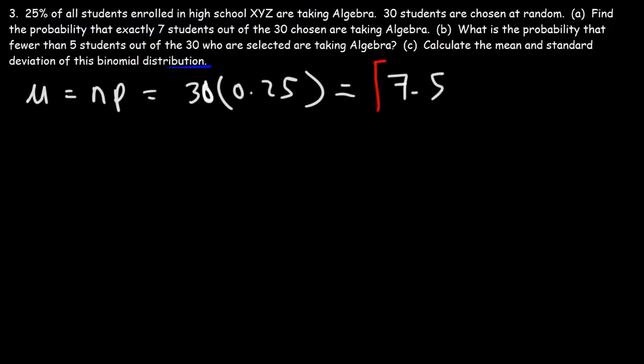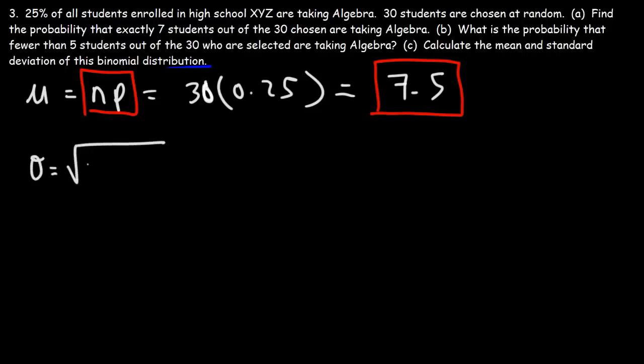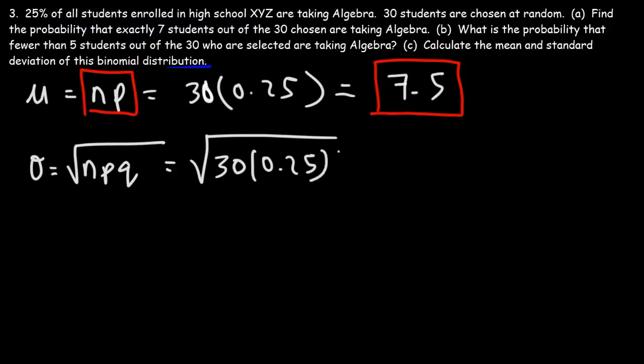So as you can see, it's very easy to calculate the mean if you know n and p, which is given to you in the problem. Now, to calculate the standard deviation, it's not that difficult either. It's the square root of n times p times q. n is 30, p is 0.25, q is 0.75.